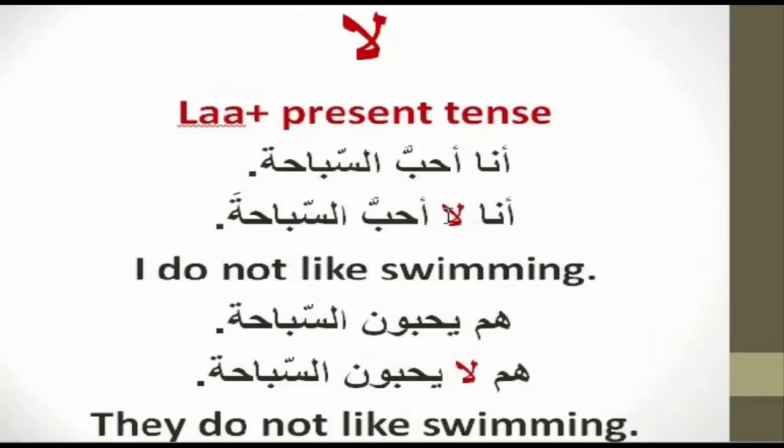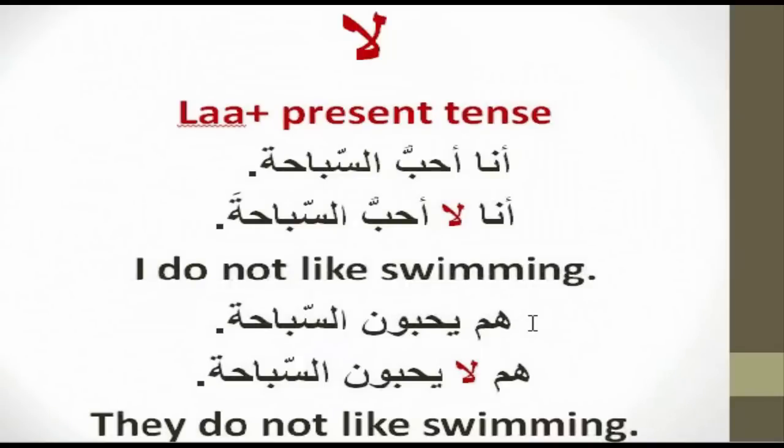So لا is used with the present tense verb and you add it before the present tense verb. أنا لا أحب السباحة. I don't like swimming. Another example. هم يحبون السباحة. They like swimming. This is the present tense verb and we need to change this sentence into negative.